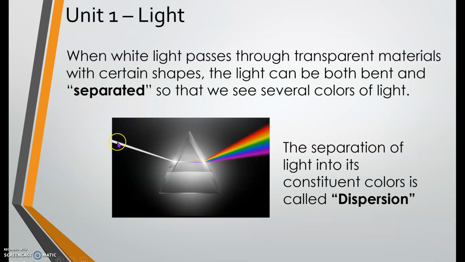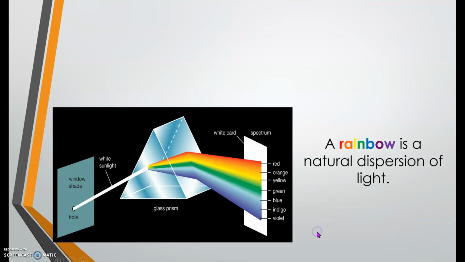You see, you have one white light straight here. But when it goes inside this triangle, the light becomes separated. Okay, so the separation of light is called dispersion. When the light separates from passing through the material, it's called dispersion. Okay, next.